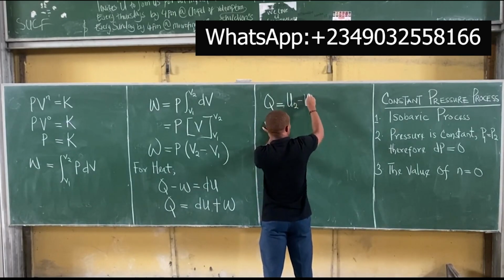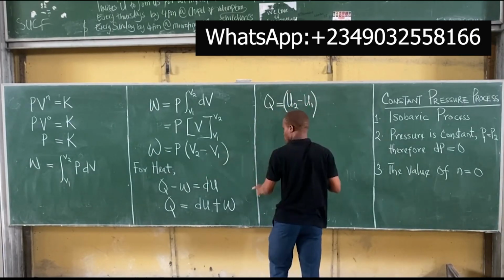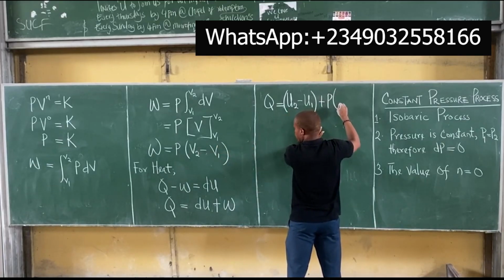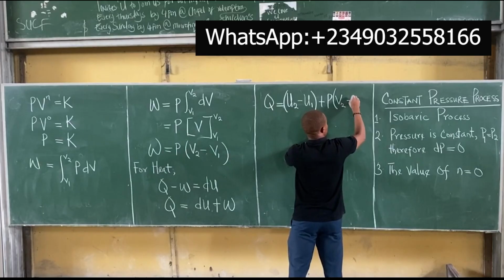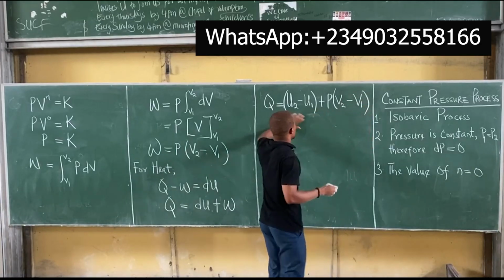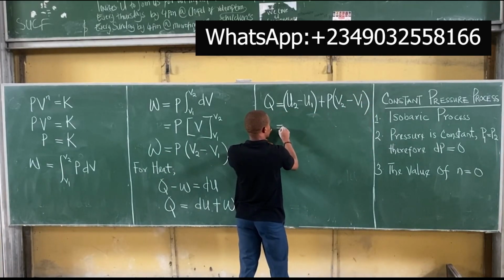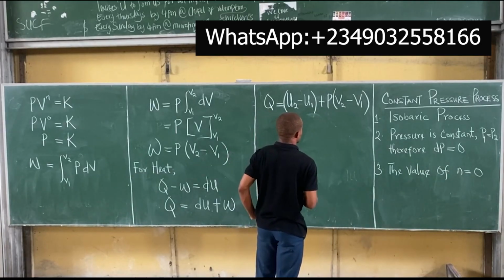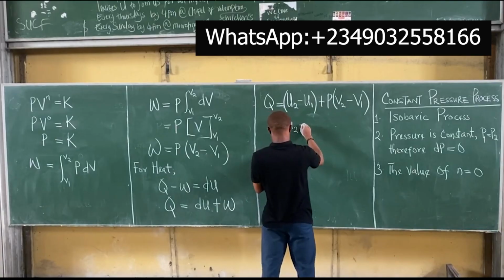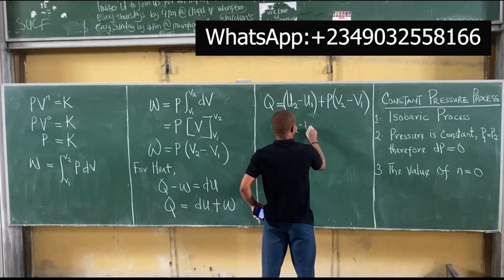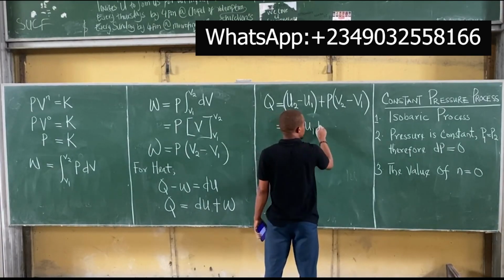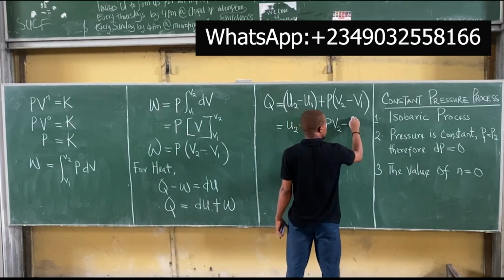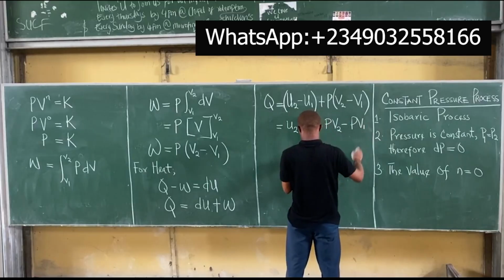U2 minus U1 plus P bracket V2 minus V1. Let's expand our bracket. What do we have? U2 minus U1 plus P V2 minus P V1.